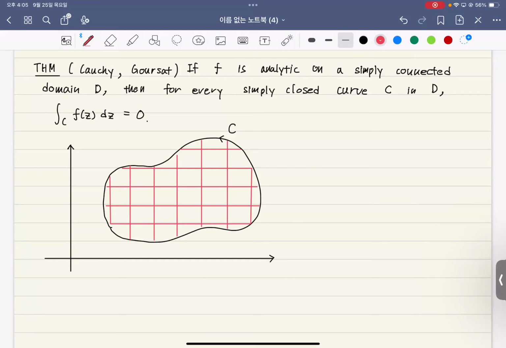So these are squares: the length of this side equals the length of that side.